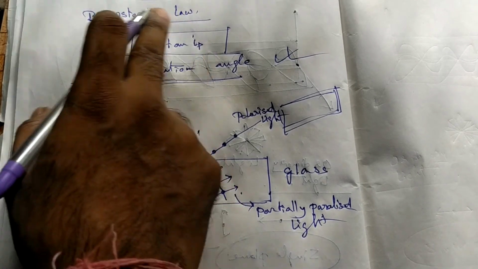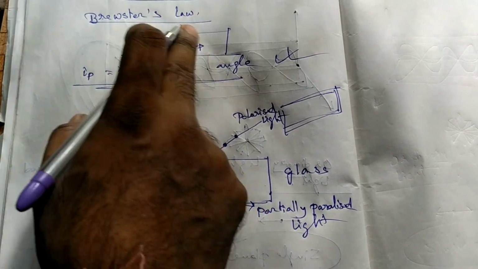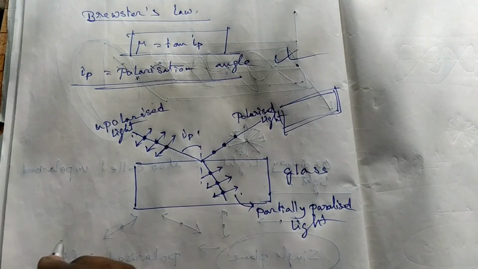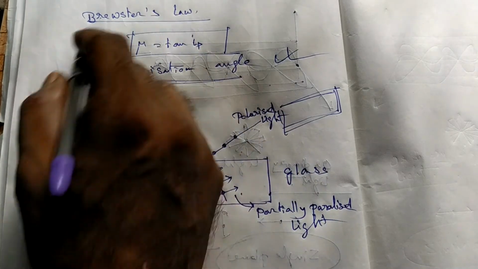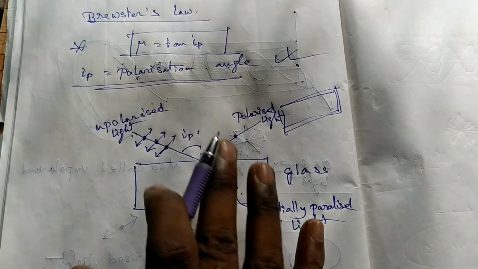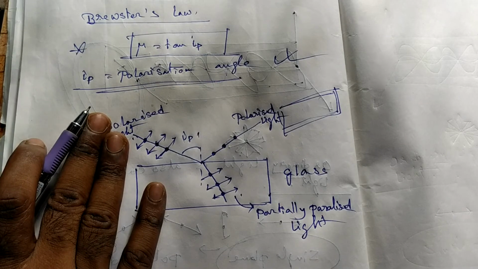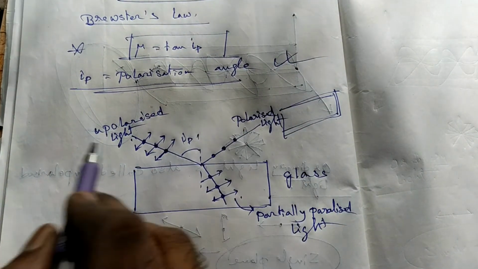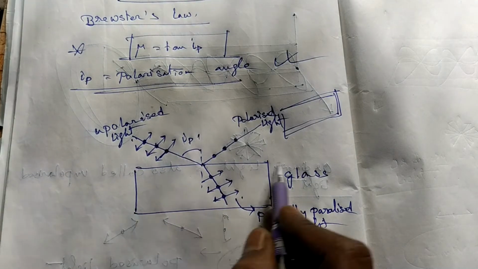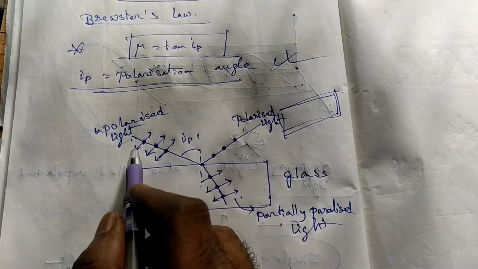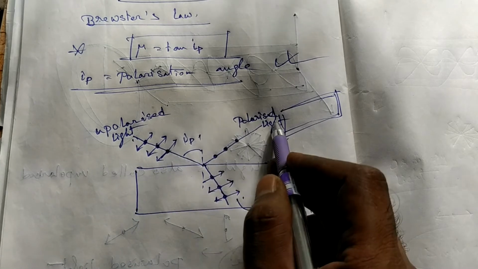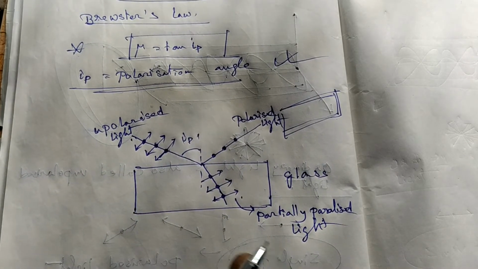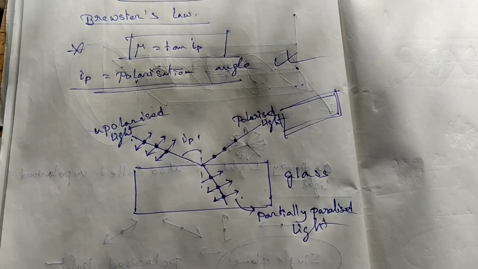Now it is clear what unpolarized light is and how polarized light is generated. The vibration of this wave is parallel to the surface of reflection, that's why only this wave is reflected by this surface. The rest of the wave is refracted through the material.